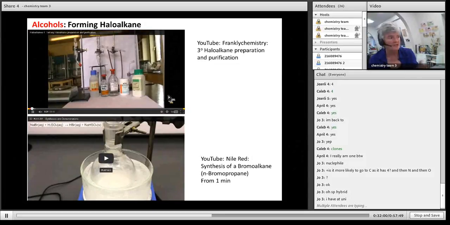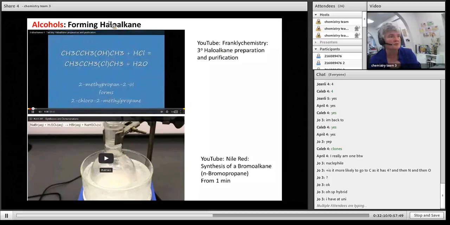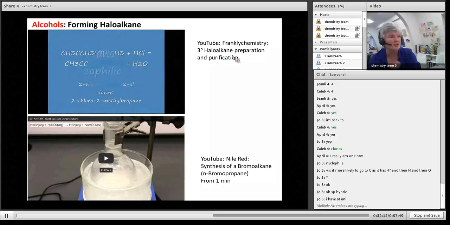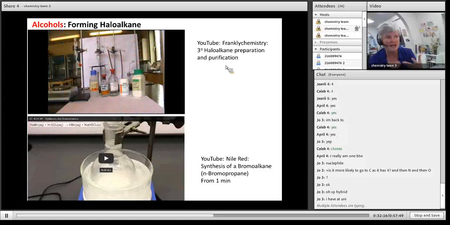So it is important that you have some sort of idea of how to make a substance and the purification. Sorry, I always lose my cursor on these YouTube things. So the purification. So how to get rid of the acid, how to dry my compound at the end by removing the water. That's where I use sodium sulfate.